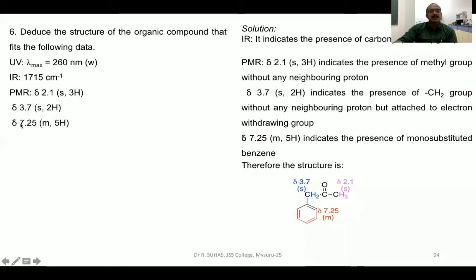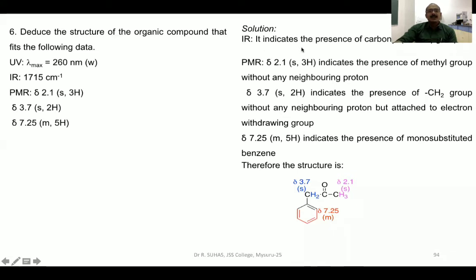So this indicates the presence of monosubstituted benzene ring, and there are 2 different types of protons. One is CH3, another one is CH2. They both are not neighbors because they are appearing as singlet. If they would have been neighbors, then it would have been triplet and quartet. Since it is singlet and singlet, they should be separated by some other entity. We will see what it is.